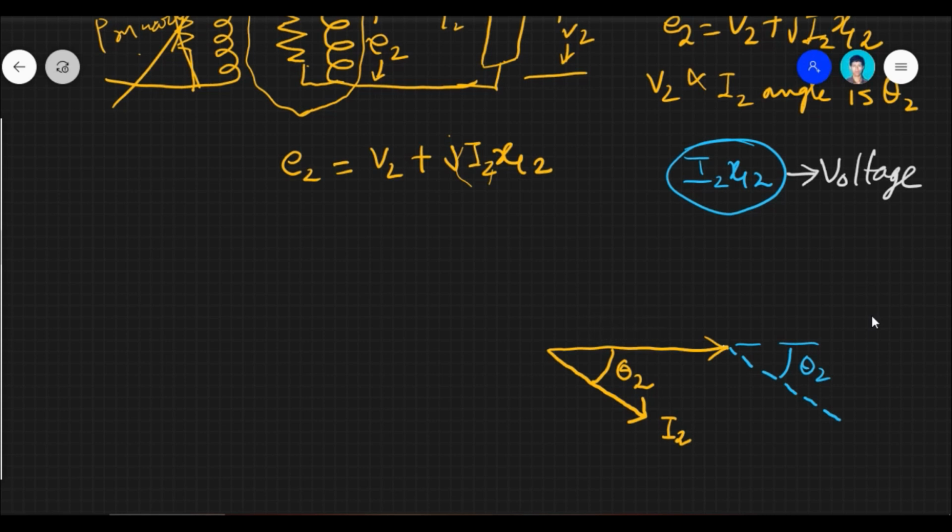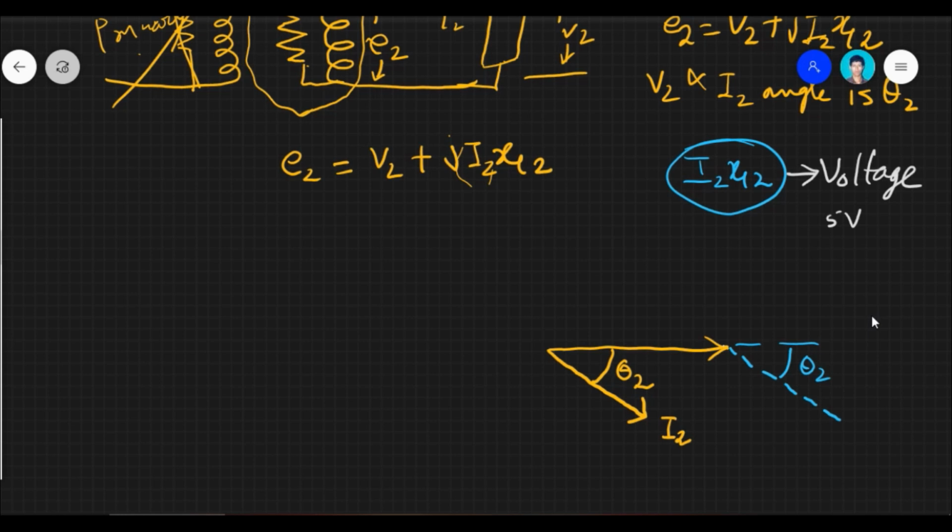Now if this is 5 volt, and this phasor length is say 20 units, this phasor length should be 1 unit, and accordingly you get the magnitude. Now what about orientation? It is multiplied by j. When there is j, there is a 90-degree phase shift in the positive direction.